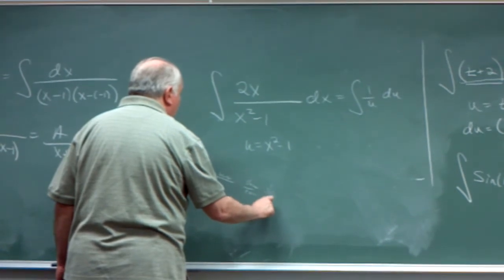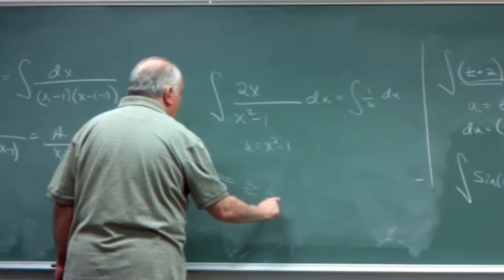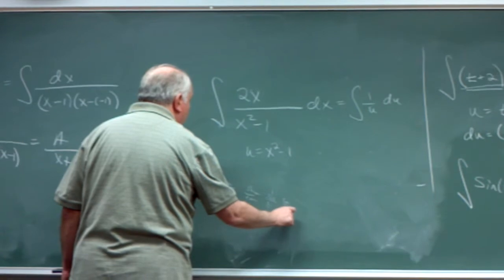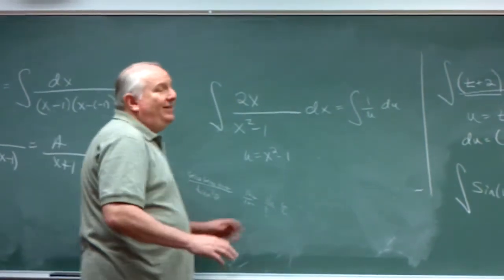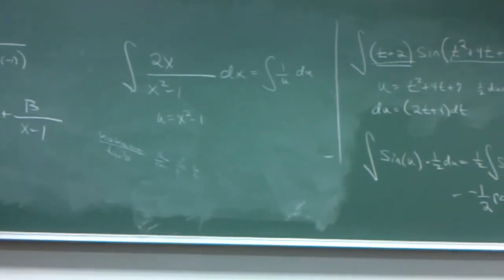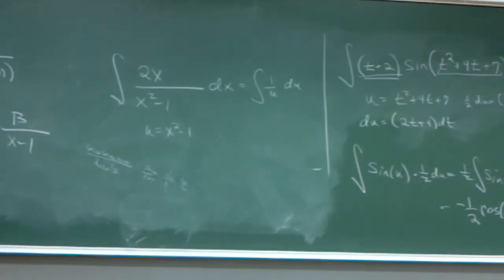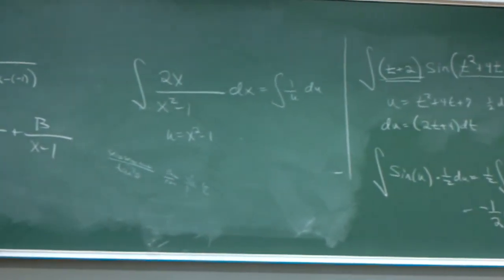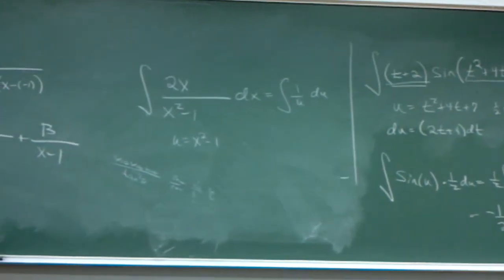It's not too bad. But the point is, the integral of 2x over x squared minus 1 is one of the very first integrals you could do the moment you learn the substitution rule.